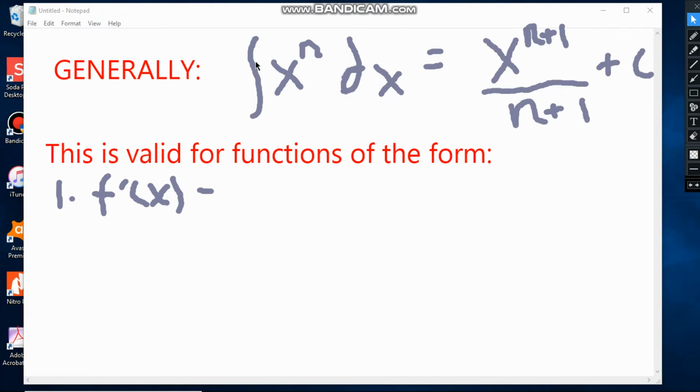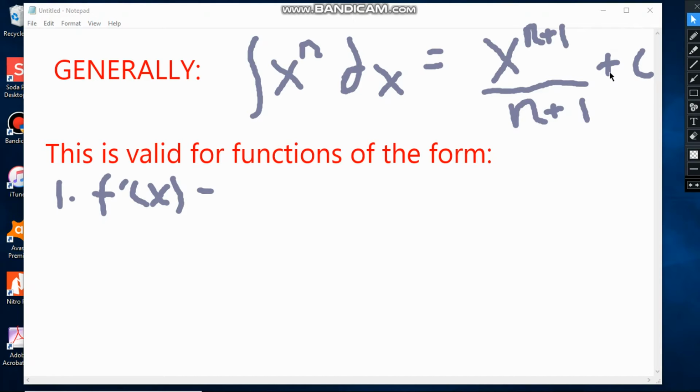Generally, if we have the function which is equal to x raised to n dx, we get the following results. First, since we integrate, we add 1 to the power of n, and we divide by this result, and we add a constant.